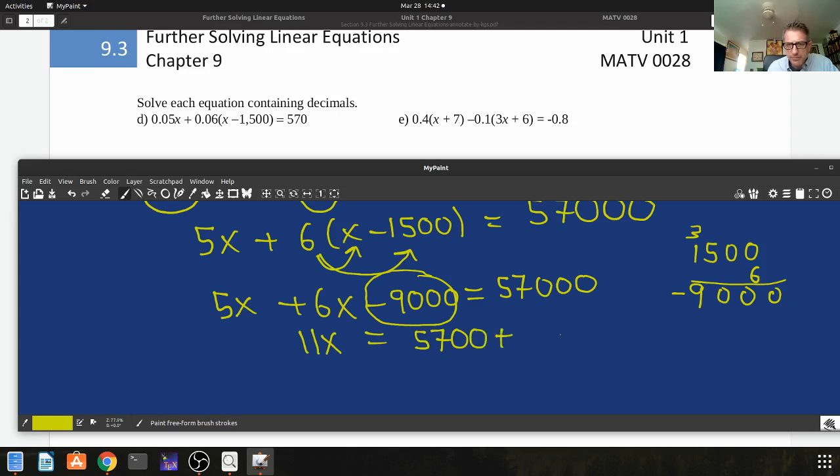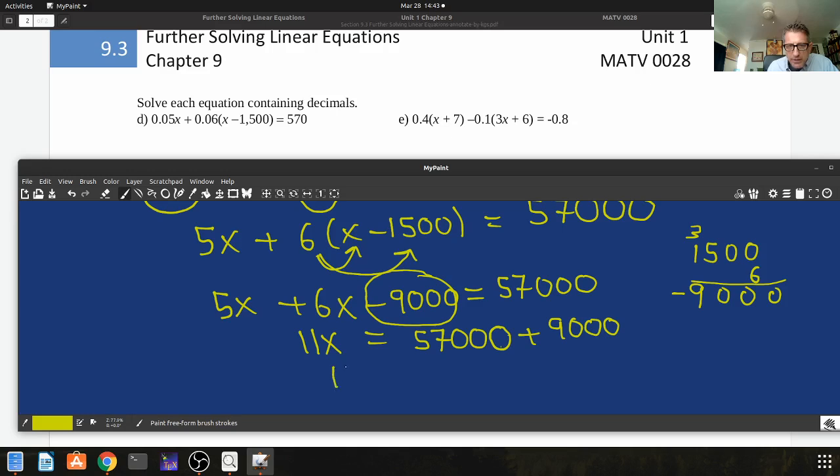plus, sorry, I'm going to use the eraser here. I need to add an extra 0 there, don't I? So 57,000 plus 9,000.